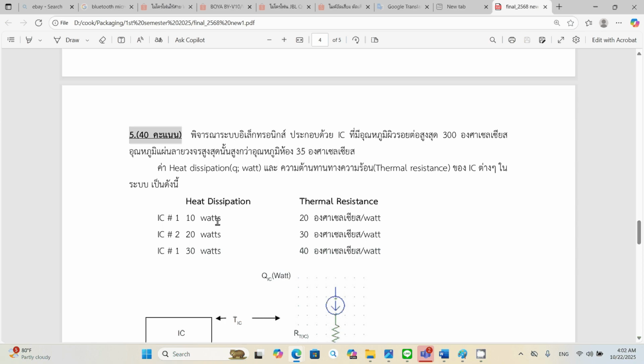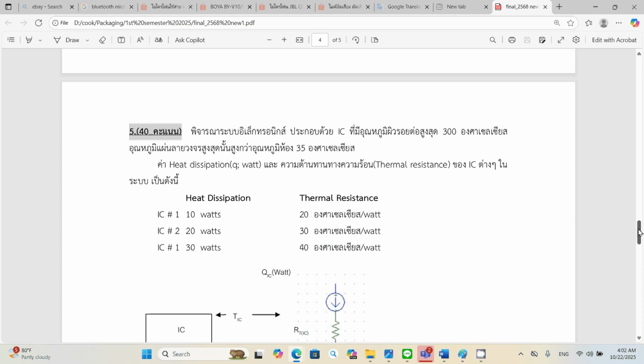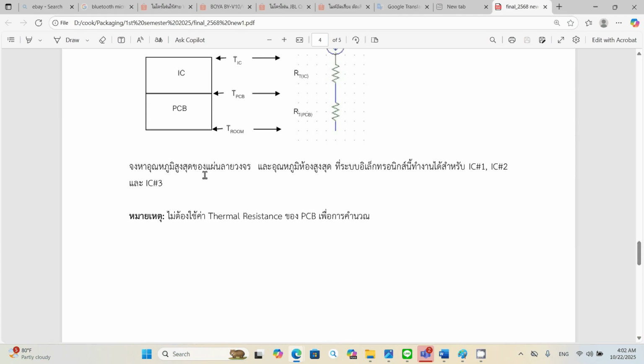Heat dissipation is given, thermal resistance is given. I ask you to look for the maximum temperature of the PCB and the maximum room temperature at which your IC is still working.